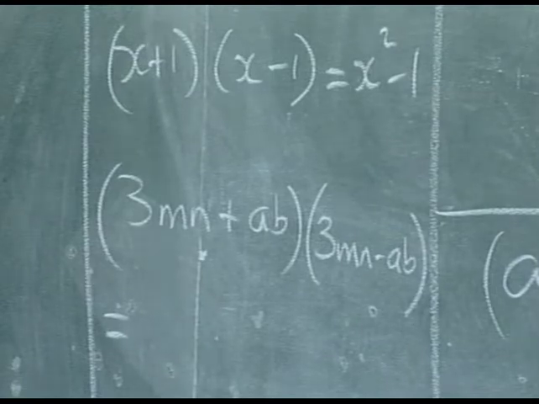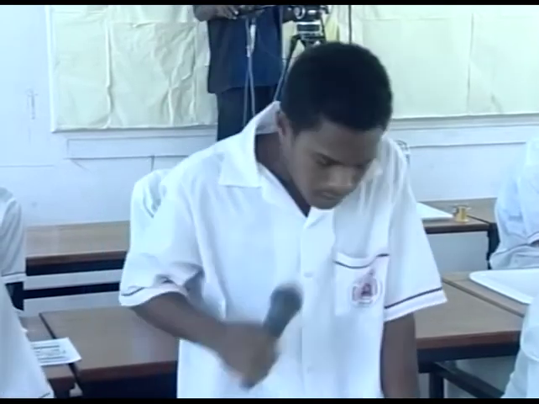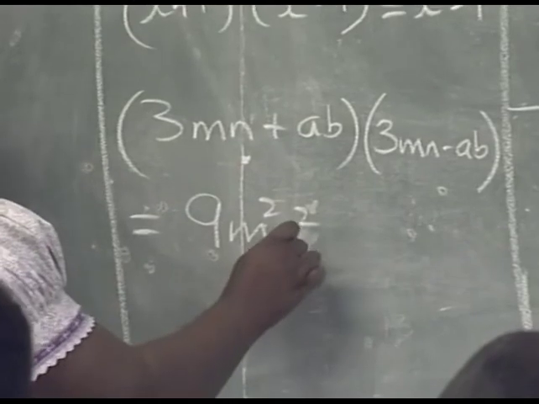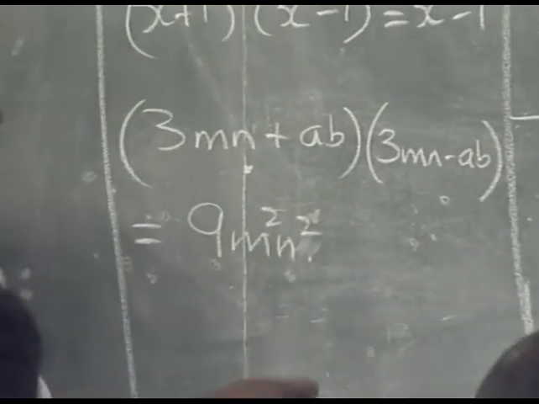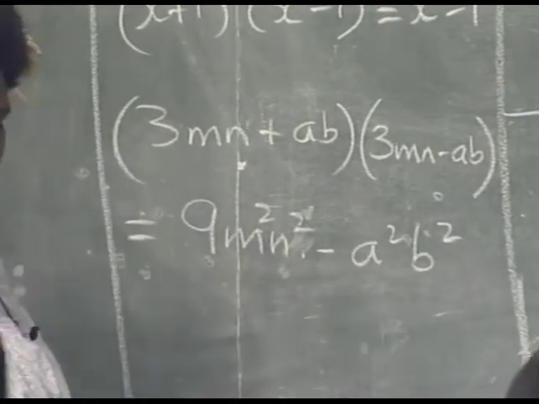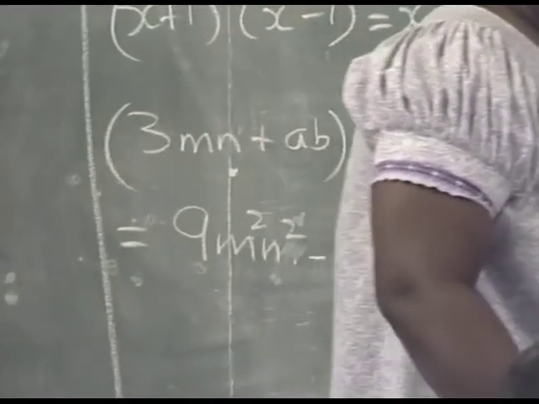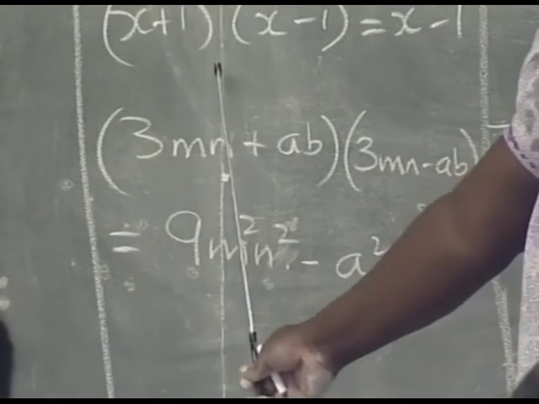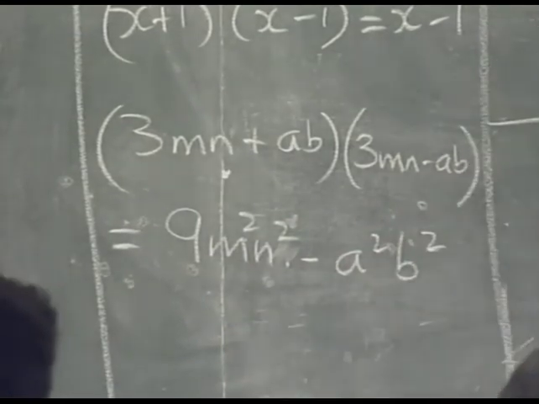Peter? 9m squared n squared minus a squared b squared. Okay, good.